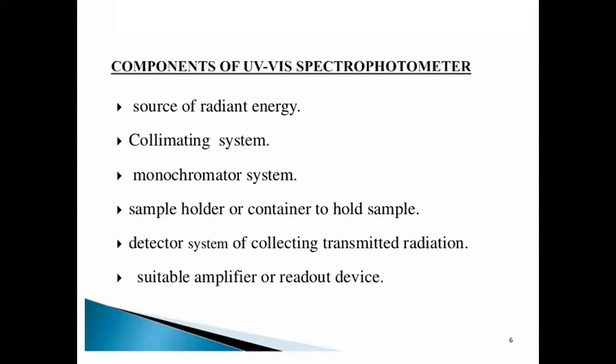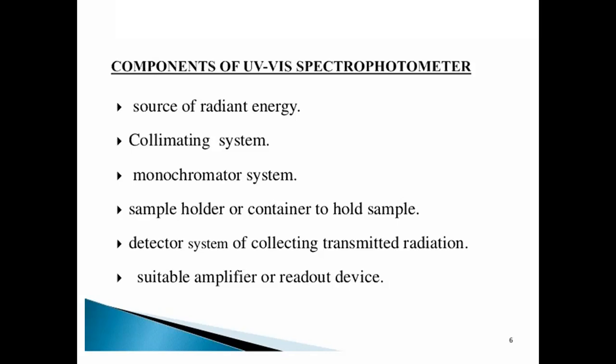Third component involved, which is very important, is the monochromator system. As the radiation source emits the light, it passes through the polymetric system where the light gets gathered, arranged, formatted unidirectionally, and then this light passes through the monochromator system.